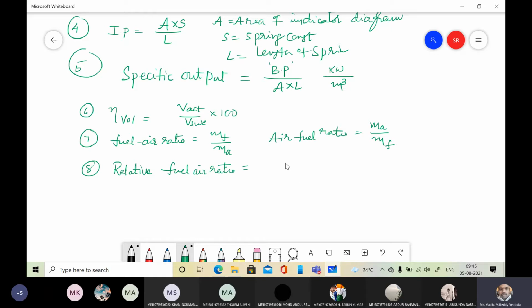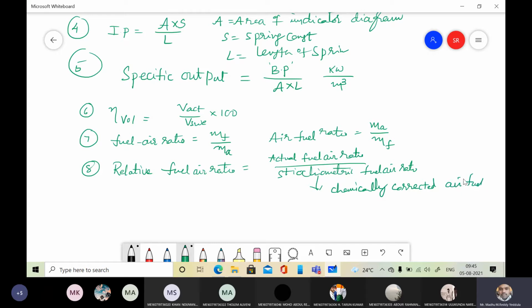Relative fuel air ratio is defined as the actual fuel air ratio to the stoichiometric fuel air ratio. What is the stoichiometric fuel air ratio? It is the chemically correct ratio according to the theoretically chemically correct air fuel mixture.